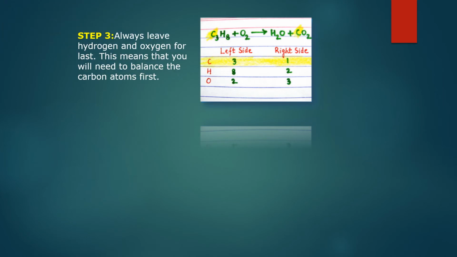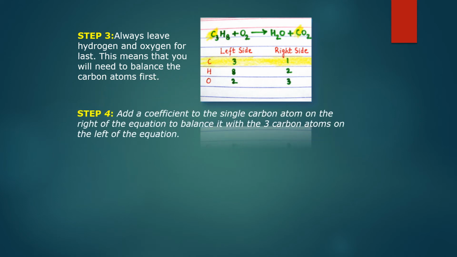We have to always remember that hydrogen and oxygen have to be balanced at the last. This means that we have to balance carbon first. So we will take carbon to be balanced. We have 3 atoms on the left hand side and only 1 atom on the right hand side. Add a coefficient to the single carbon atom on the right hand side of the equation.